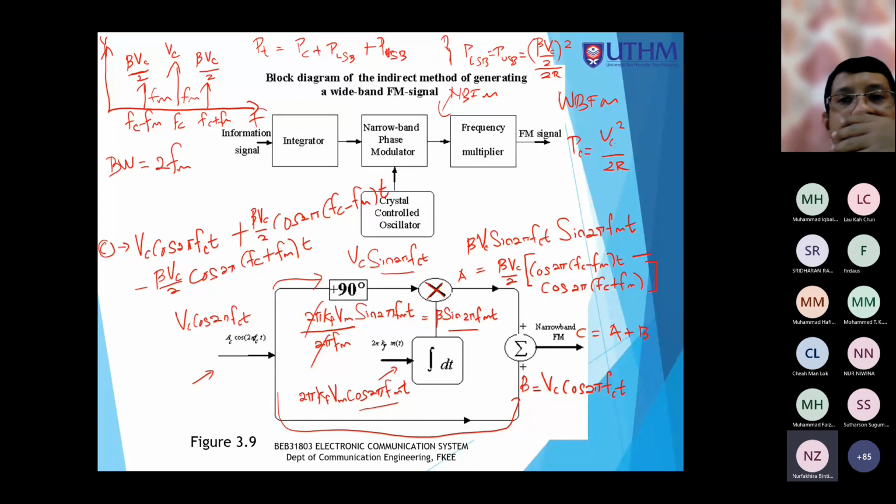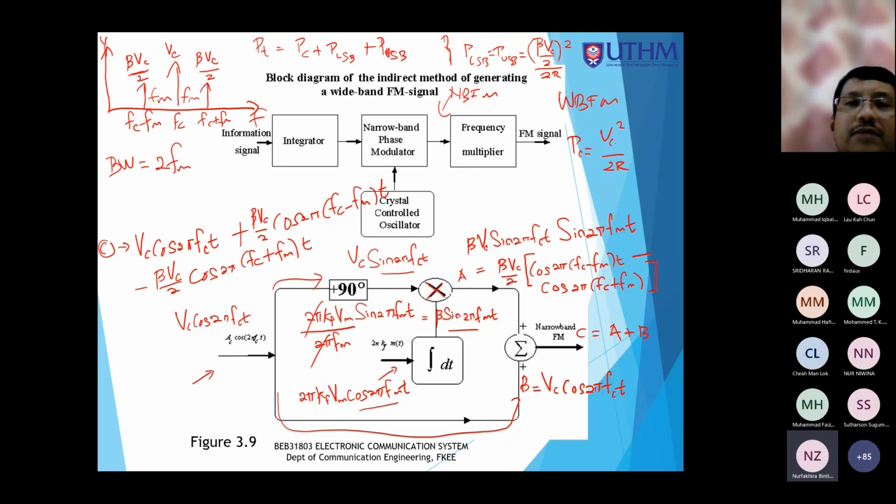If you see from here, we are producing a narrowband FM, which is equivalent to double sideband full carrier. Now the issue is we want to make it wideband FM, which is suitable for FM broadcasting, commercial FM broadcasting.